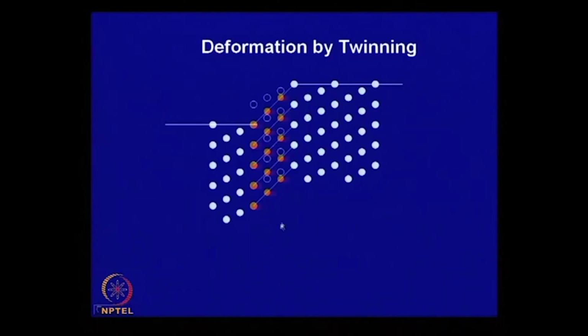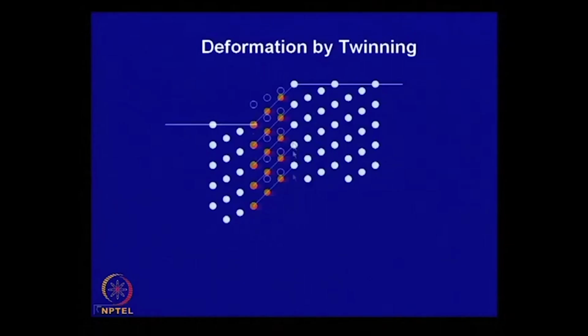So this part is actually a mirror image of this part. That means the points marked by red are mirror images of those marked as light blue here.